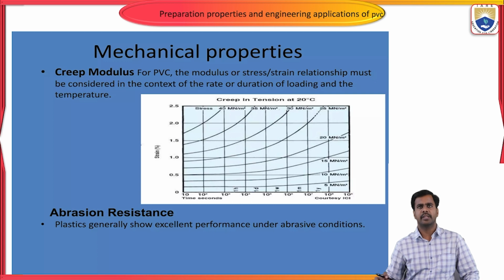And this is the creep modulus and abrasion resistance. So the modulus or stress-strain relationship must be considered in the context of long duration of loading under the temperature, and abrasion resistance. Plastic generally shows excellent performance under abrasive conditions.